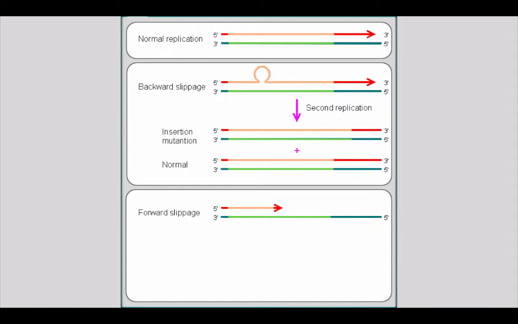Again, the DNA polymerase detaches from the parent strand, and a portion of the newly synthesized strand detaches from the parent strand as well. However, this time the parent strand slips backwards, and the DNA polymerase and newly synthesized strand reattaches farther up the parent strand than the location in which it detached.